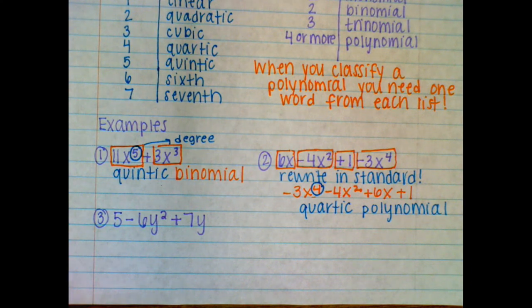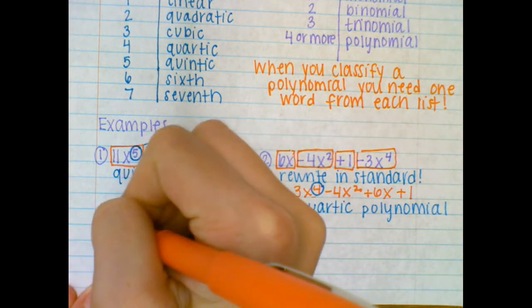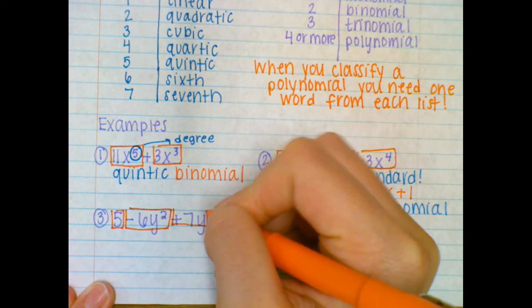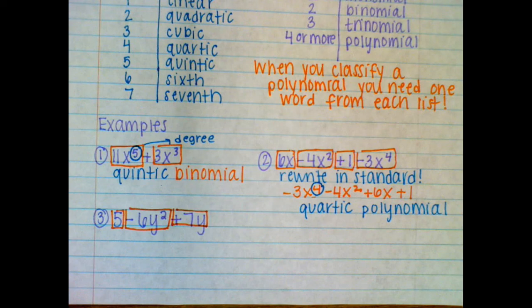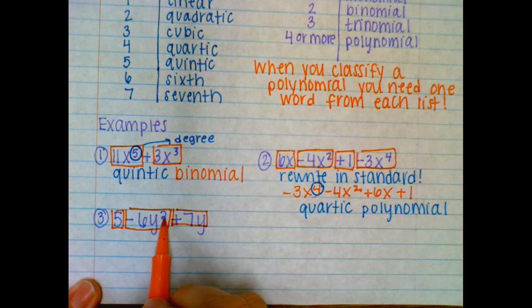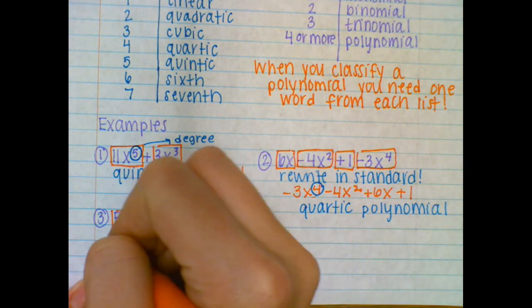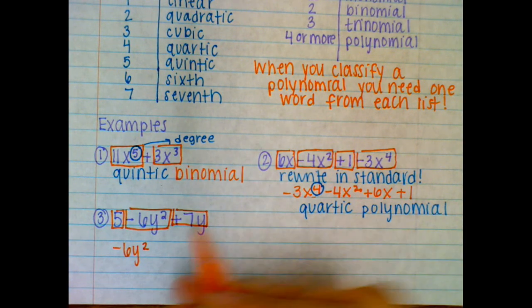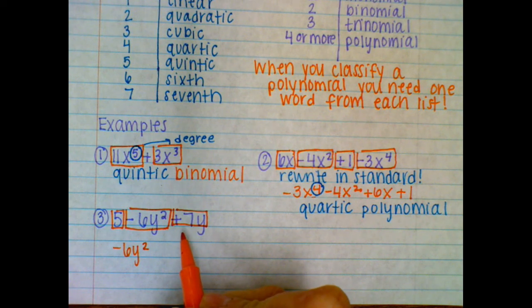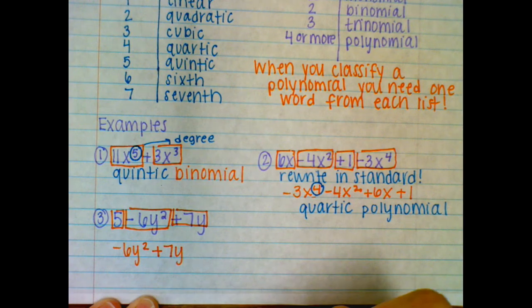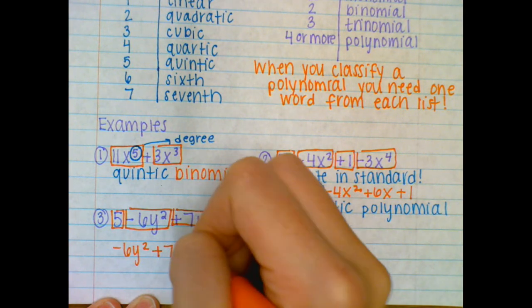So I will first make sure I have all my terms boxed so that way I can make sure I put the right signs with the right stuff. Okay, let's see what would go first. The biggest exponent is a 2, so I have a negative 6y squared. Then I have a plus 7y. Then the 5, plus 5.